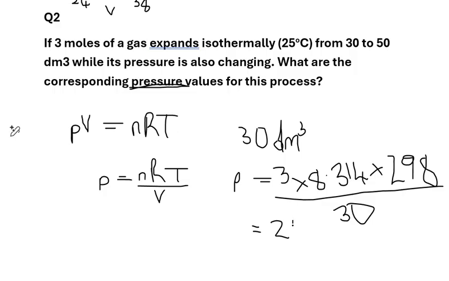I can say 248 pascals, right? This is the value for the first part of the question, so it's for the 30 dm cubes. Now we're going to calculate the pressure value for the 50 dm cubes. And as I said before, the pressure value you get for that one is supposed to be less than this one. Because as I said, as volume increases, pressure decreases in the process.